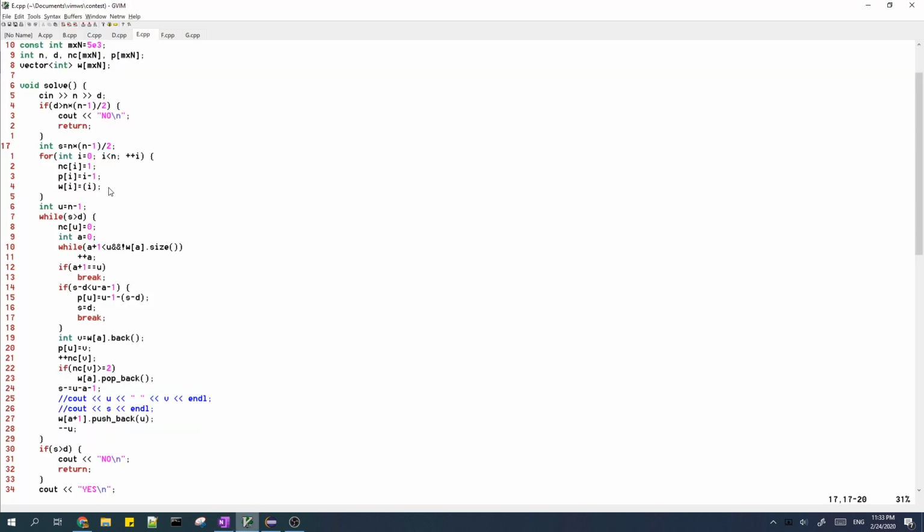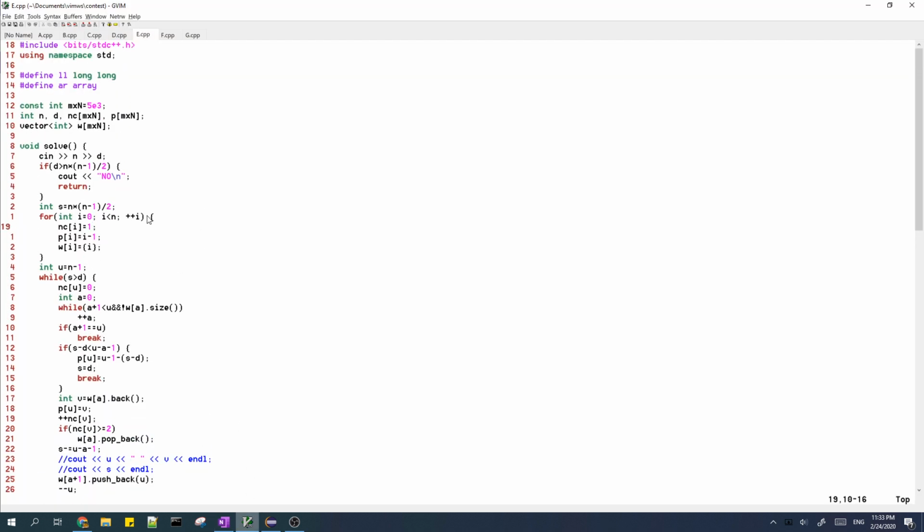Okay, so the implementation is a bit more complicated than the idea. The first thing you need to do is store the number of children for each node. So in the beginning, every node has a children count of 1 except for the last node. And then every parent is just set to, the parent of i is just i minus 1. And then this W, W of i will store the nodes which are available at depth i.